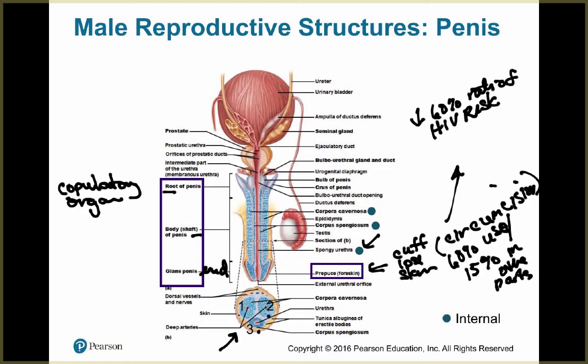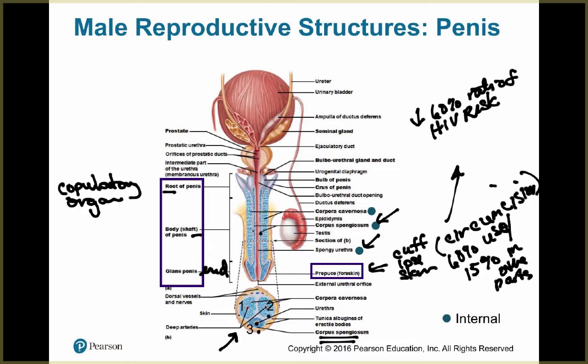Now, when we're looking at them, one part is what's called the corpus spongiosum. And so if you look, that's the guy right here, and you can see it's on the outside, right outside that spongy urethra. And you can see it down here as well. And so you see the urethra in that circle right there.